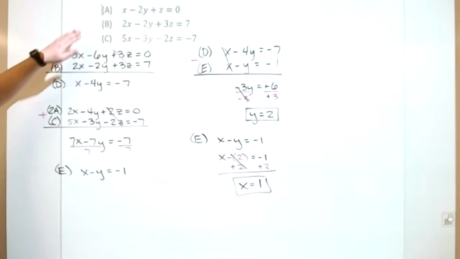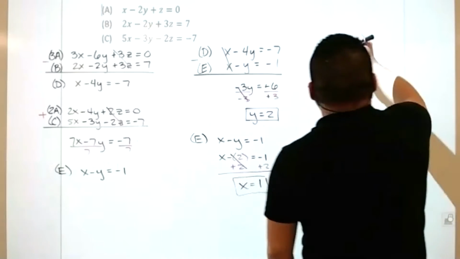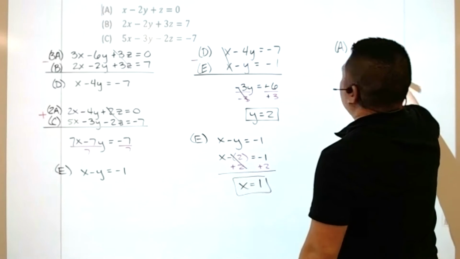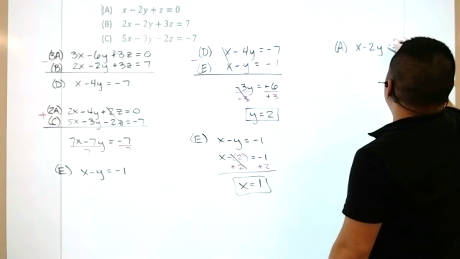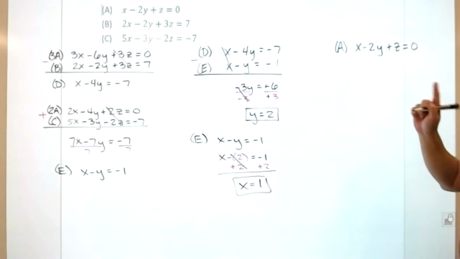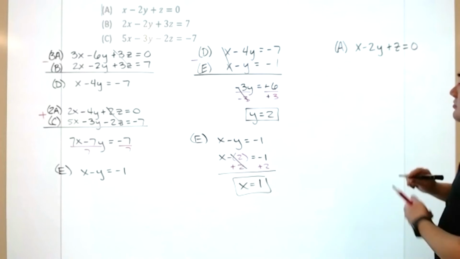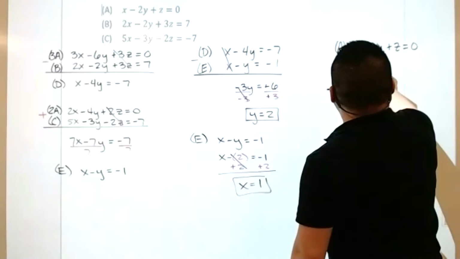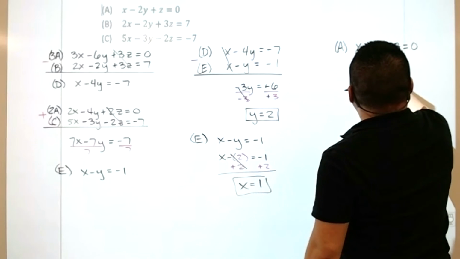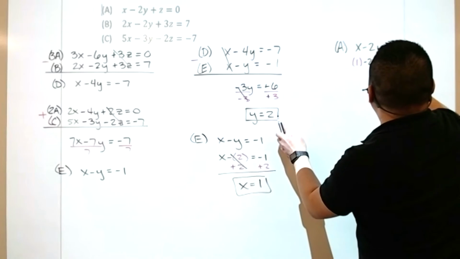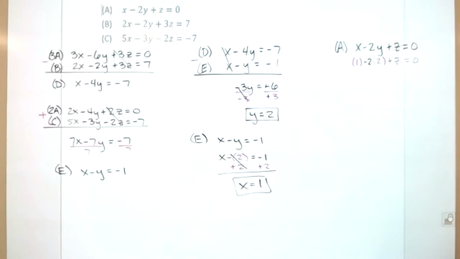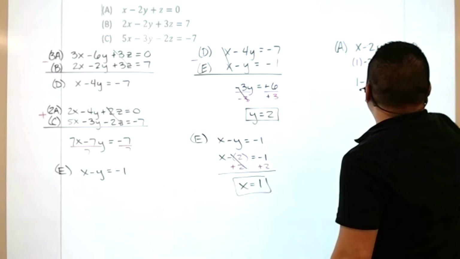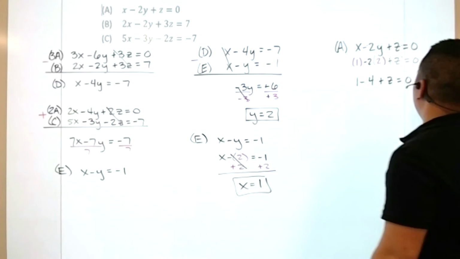So if I just picked equation A, let's go over here because I've got more room. Equation A is x minus 2y plus z equals 0. But I now know that x equals 1 and y equals 2. So this is really saying 1 minus 2 times 2 plus z equals 0. 1 minus 4 plus z equals 0.